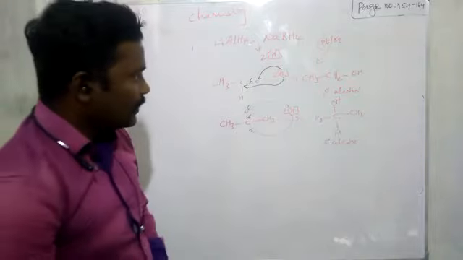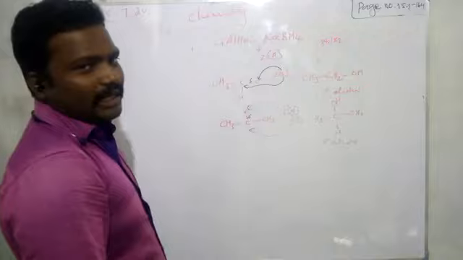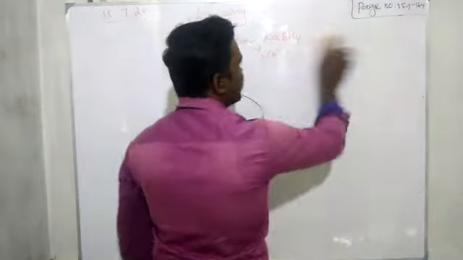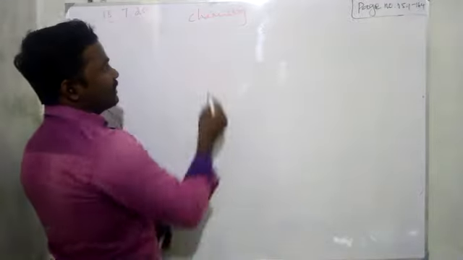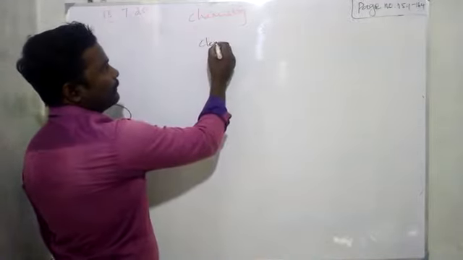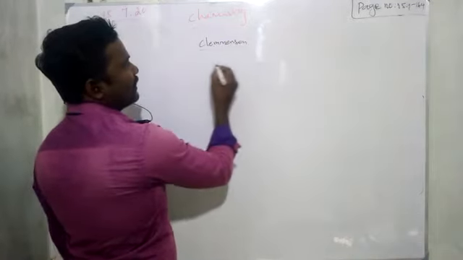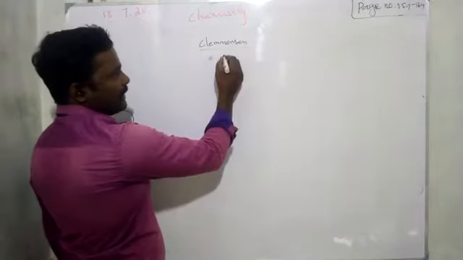Okay. Then another reduction. We have taken lithium aluminum hydride. Now we are going to take some special kinds of reducing agents. The first one is called the Clemmensen reduction reaction. For the Clemmensen reduction reaction, we are going to take some catalysts. What are the catalysts?